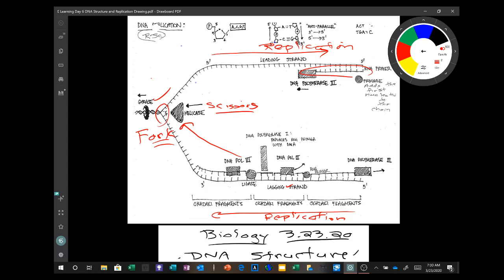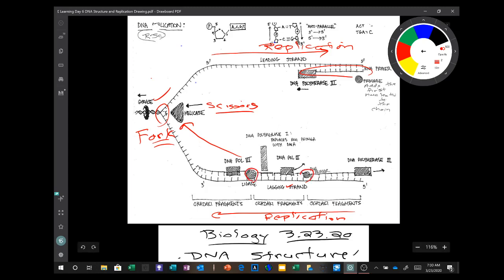So there are some pauses, a break in the action, where there has to be a little bit of waiting time for more of the single strand to be cut and unwound. During that waiting time, there are no nucleotides added in, and there are gaps.